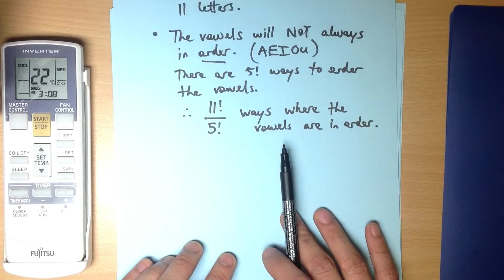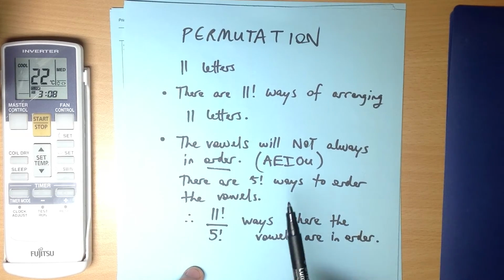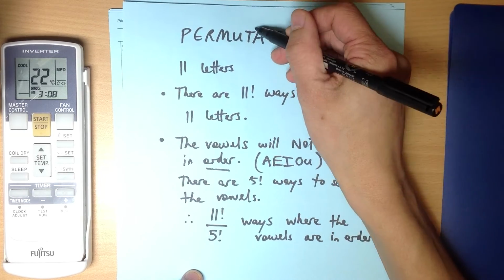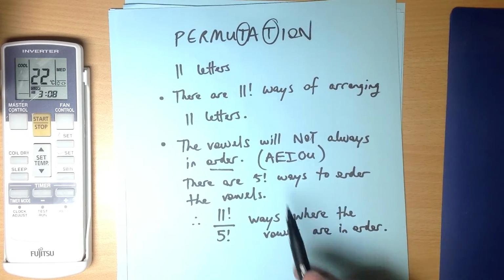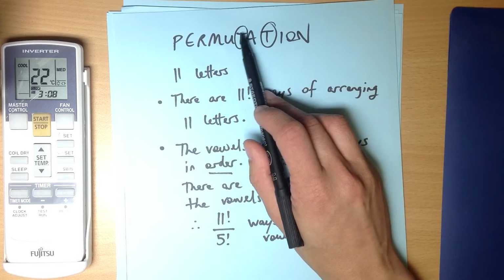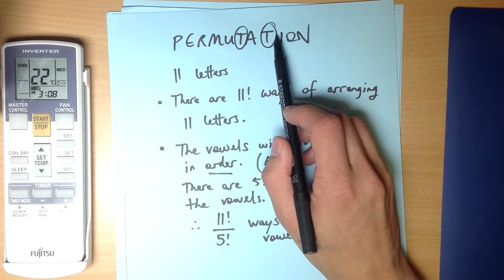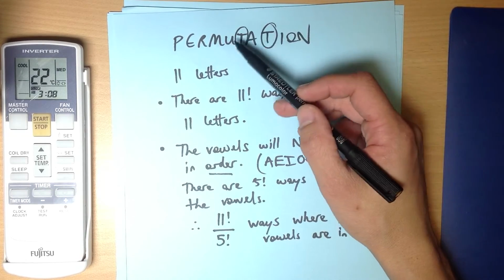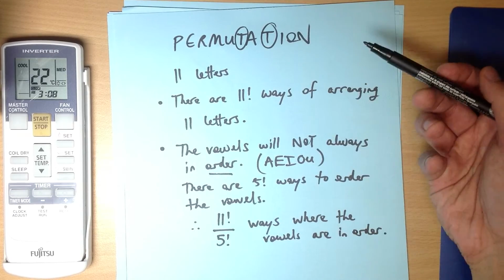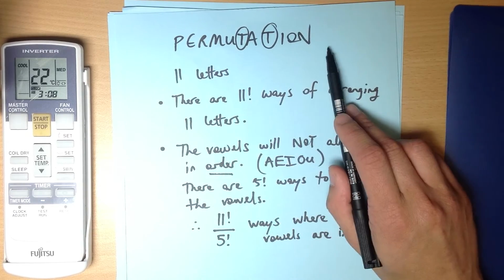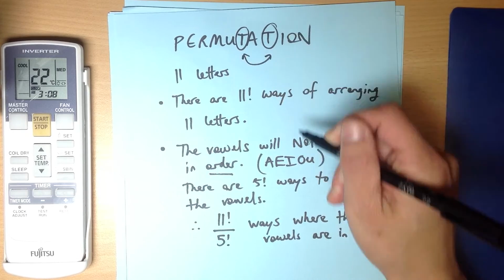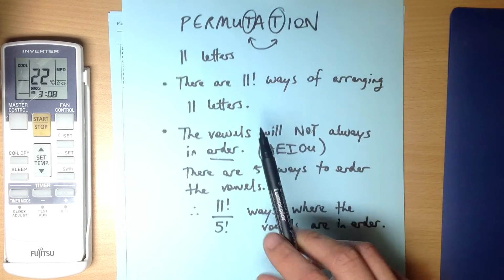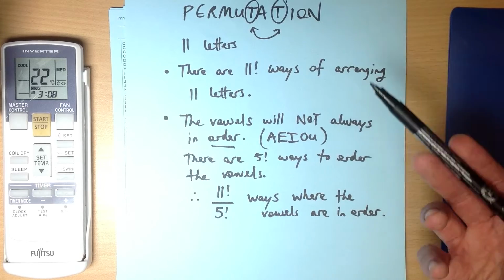Now I have to think about whether there are any other limitations. And the answer is yes, because in my word, 2 of the letters are identical, the 2 T's. I can arrange those 2 T's in 2 factorial ways. If I had 3 T's, it'd be 3 factorial ways. So again, I've overcounted, because if I swap these two T's around, the spelling would look exactly the same, but this way of counting would double them up.